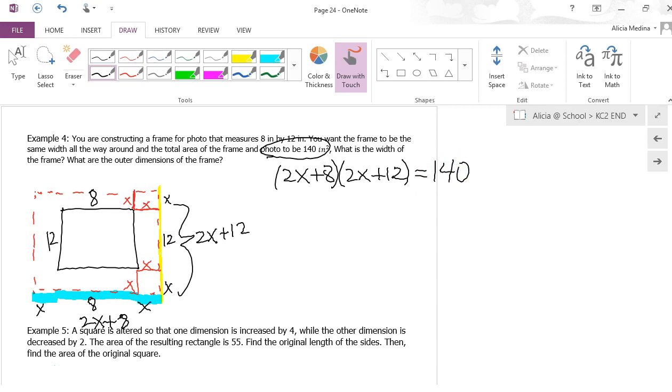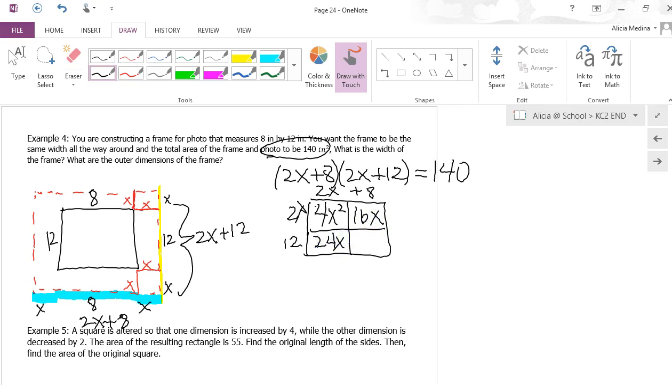I'm going to go ahead and use my Punnett square box to help me multiply these out. 2x plus 8, 2x plus 12, multiply. 2x times 2x is a 4x squared. 2x times 8 is a 16x. 2x times 12 is a 24x.